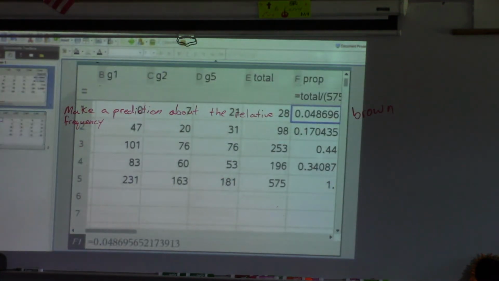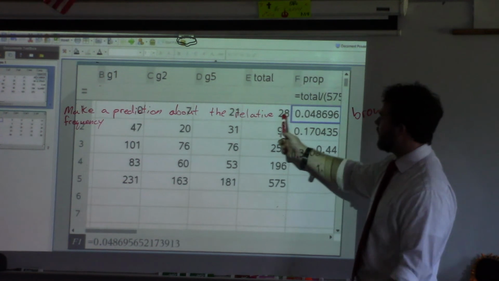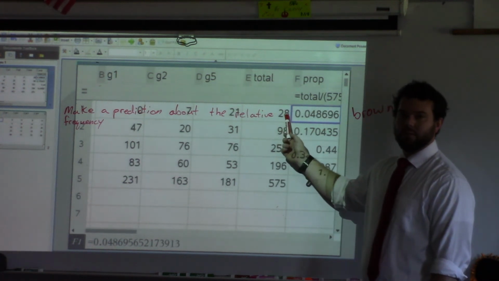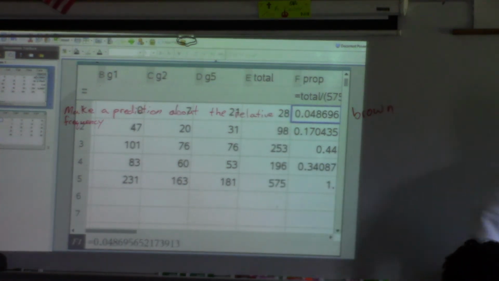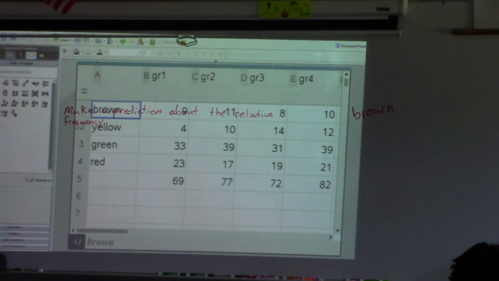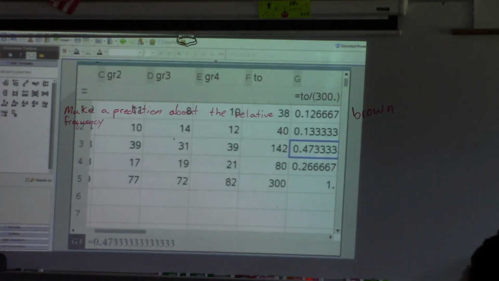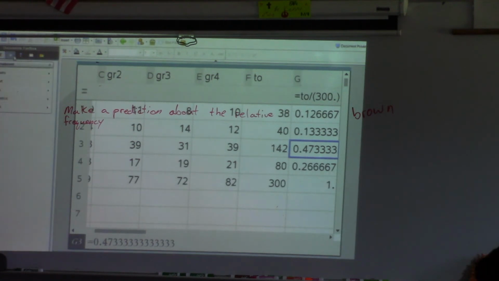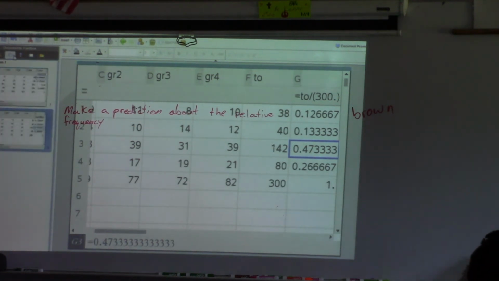So I want you to notice this right here. How many total brown M&Ms did we have when we went outside? 28, right? How many brown M&Ms did we have when we were inside? 38, right? Which seems like a whole lot more, right?